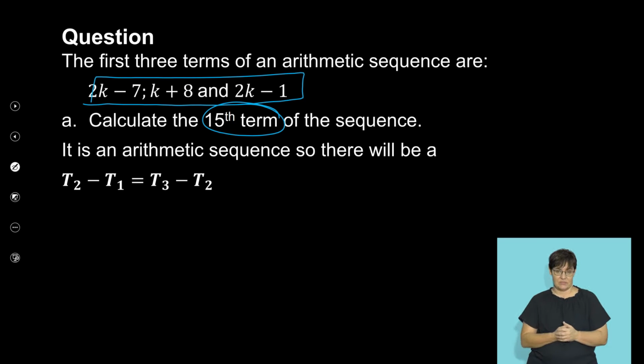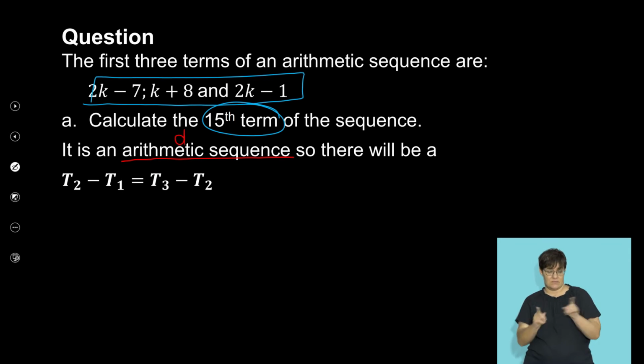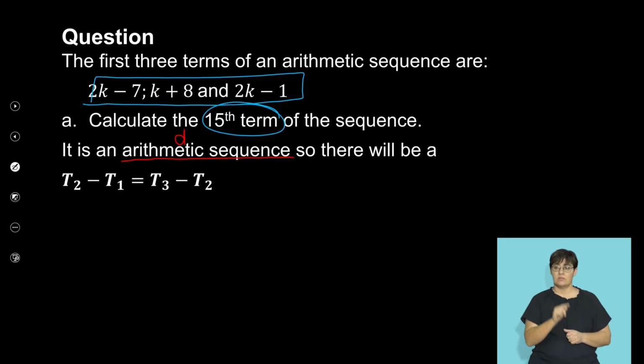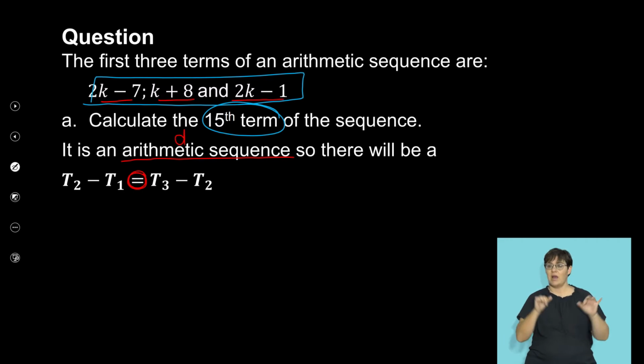I'm going to use the main property of an arithmetic sequence in order to determine the value of k. I know that by definition, an arithmetic sequence has a common difference. So I'm going to substitute in these three values into the common difference expression to solve for k. I know that the common differences have to be equal to each other, so I am allowed to do this. So if I substitute in term 2, it's k plus 8.